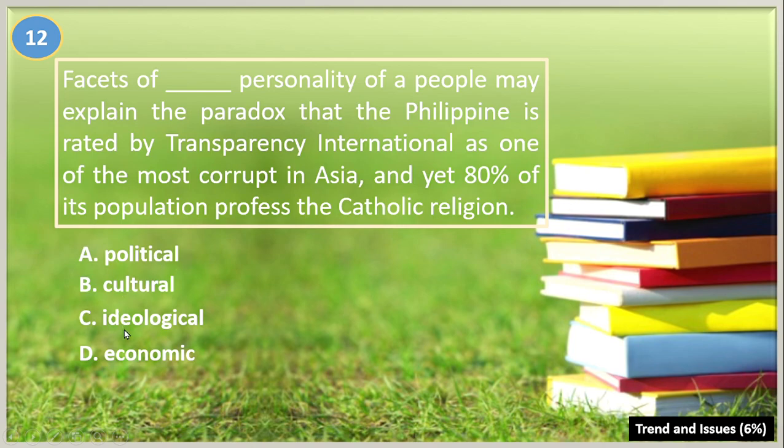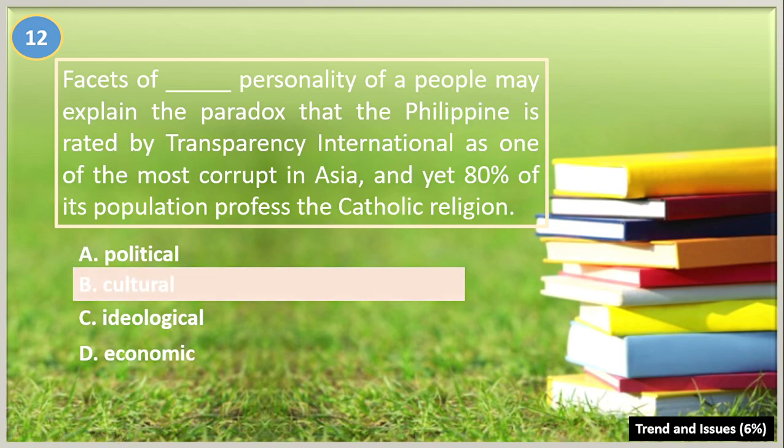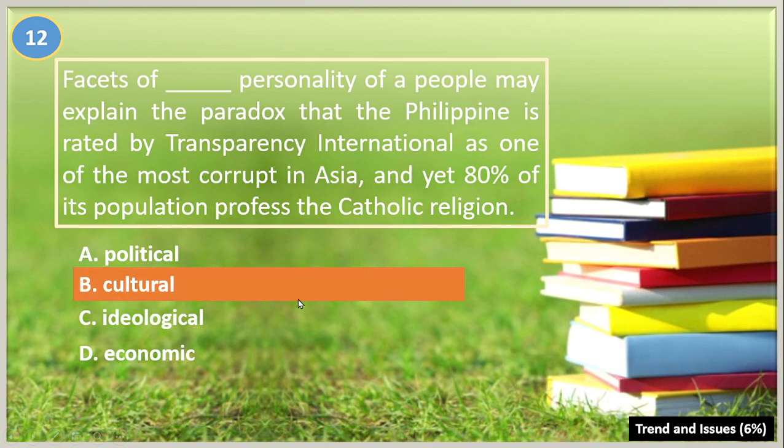C. Ideological. D. Economic. The answer is cultural. Let us read the question again. Facets of cultural personality of a people may explain the paradox that the Philippines is rated by Transparency International as one of the most corrupt in Asia, and yet 80% of its population profess the Catholic religion.